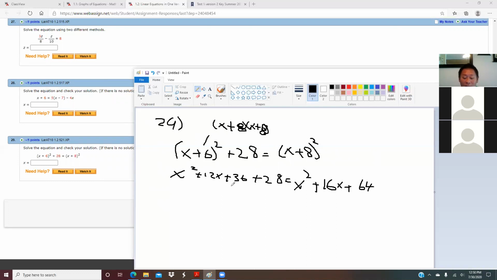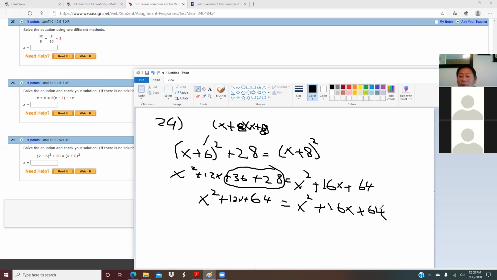And then what you do is you combine like terms. So these two terms, you can combine. That will give me 64, I believe, right? 36 plus 28 is 64. So I get x squared plus 12x plus 64. And then over here, I also got x squared plus 16x plus 64.